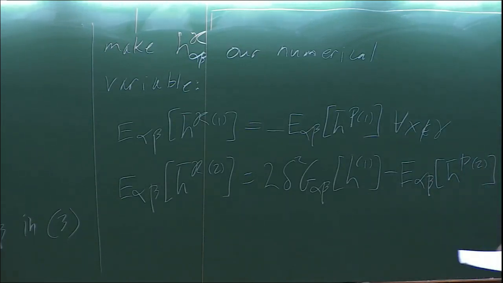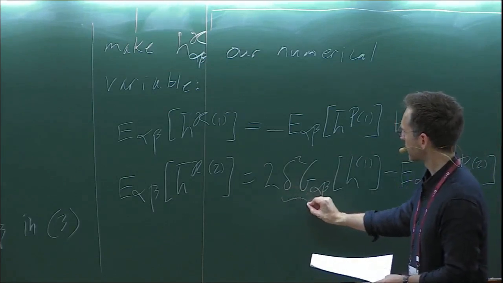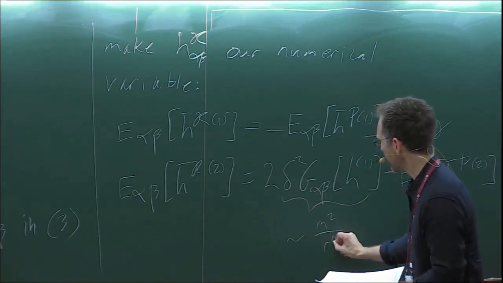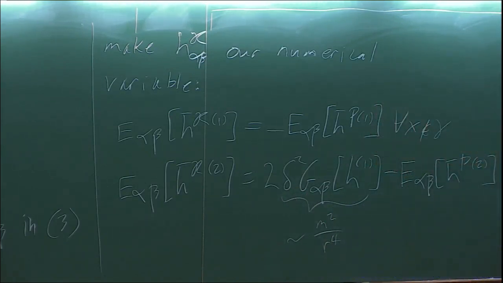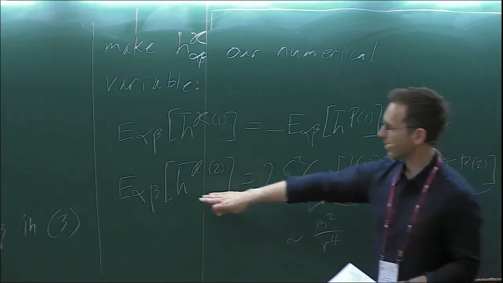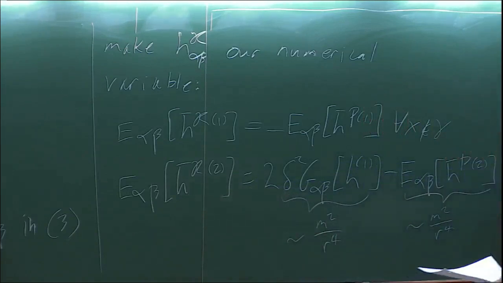So remember I said earlier on that this is extremely singular, like m squared over r to the 4 at the world line. This is exactly as singular. So the singularities cancel, and you get a nice smooth source for your nice smooth residual field. Again, this is for all points not on the world line.